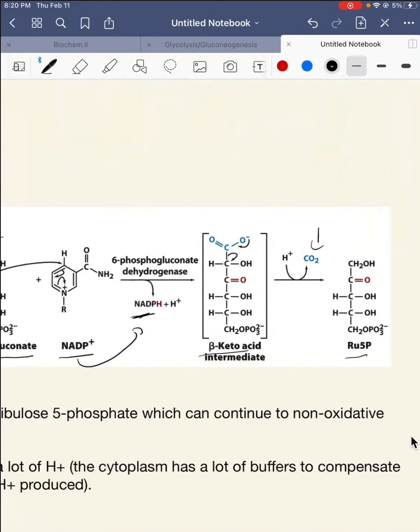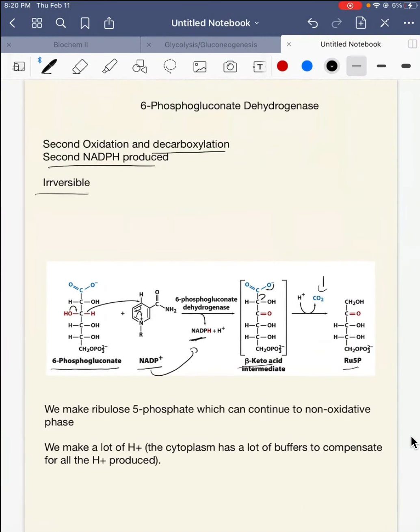If we were just running the oxidative phase, we would stop right there. If we need to run the non-oxidative phase, all of this would go into the non-oxidative phase. So the ribulose 5-phosphate can continue into the non-oxidative phase, like I said.